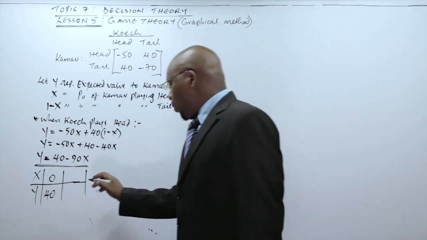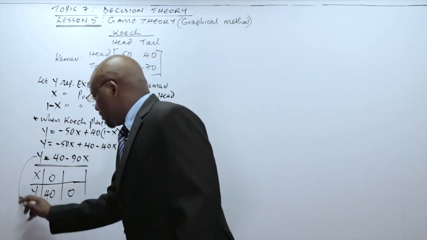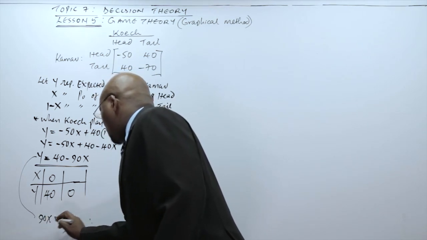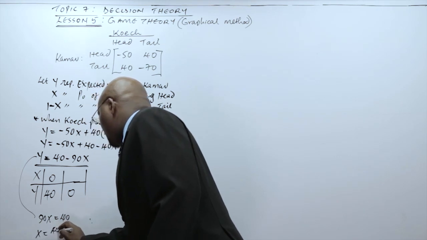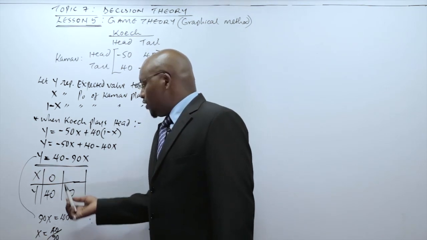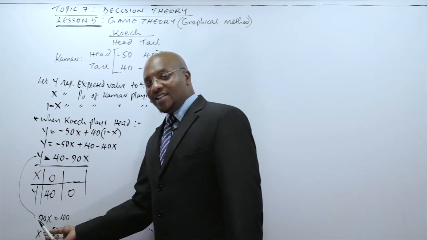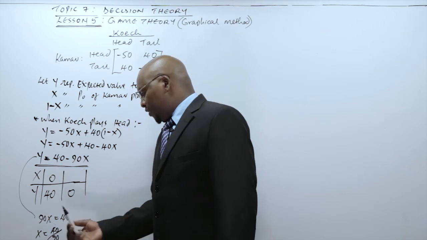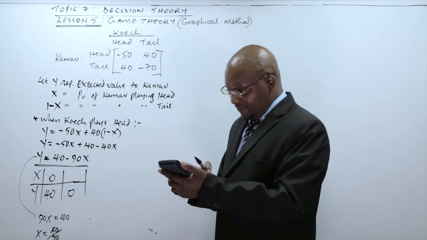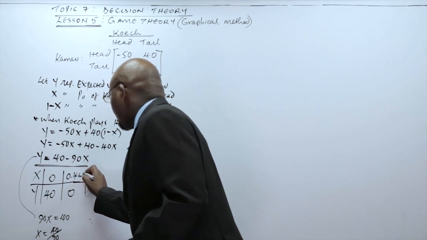And in case y is 0, then we'll have 90x equals 40. We transfer the minus 90x to the left-hand side to become 90x, then divide by 40 over 90. So x shall be 40 divided by 90, which is approximately 0.44.